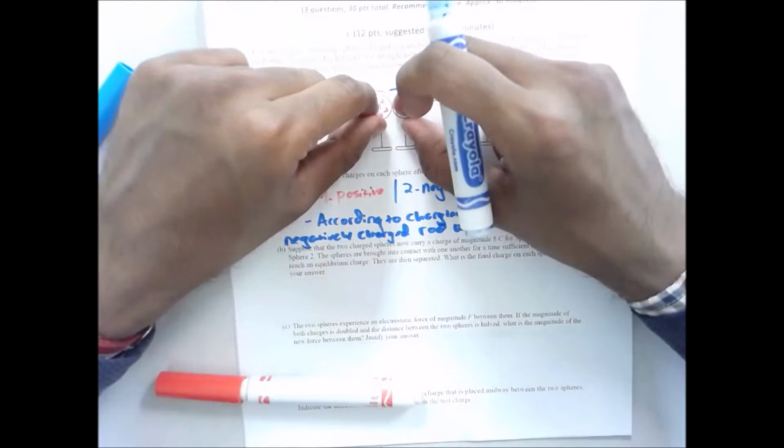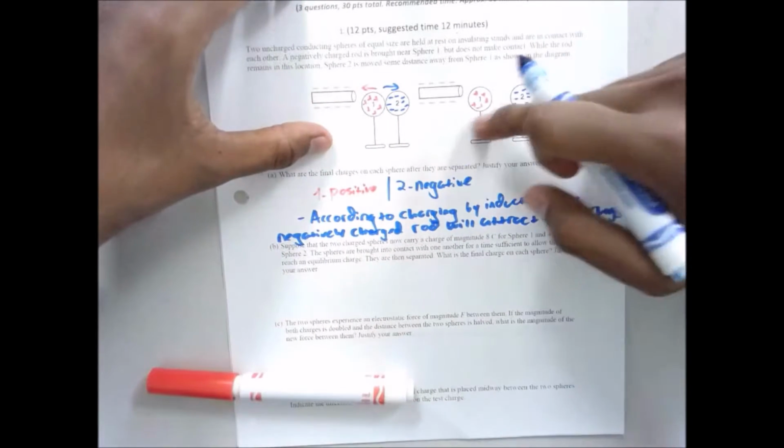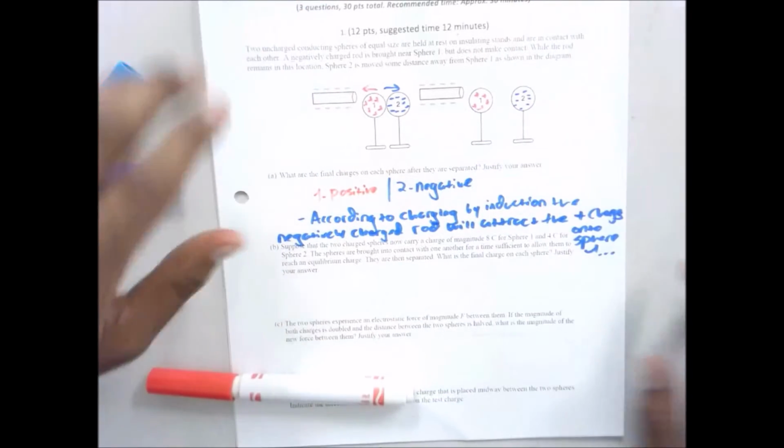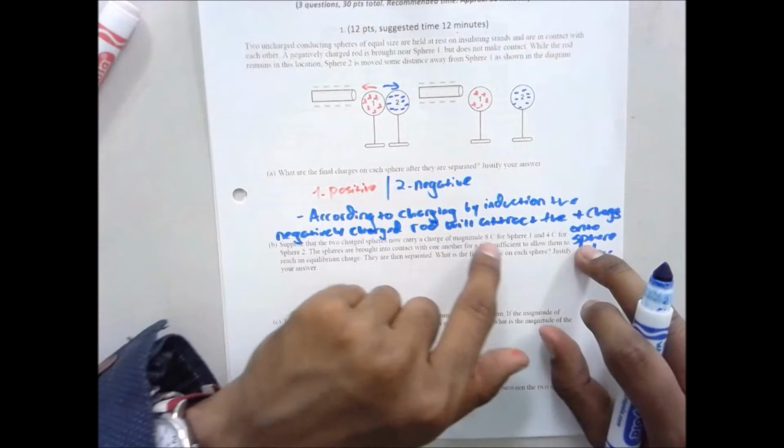Once sphere 1 and sphere 2 are polarized, if they're brought apart, then they're each going to maintain the charge they had as they were touching, right? That's charging by induction.